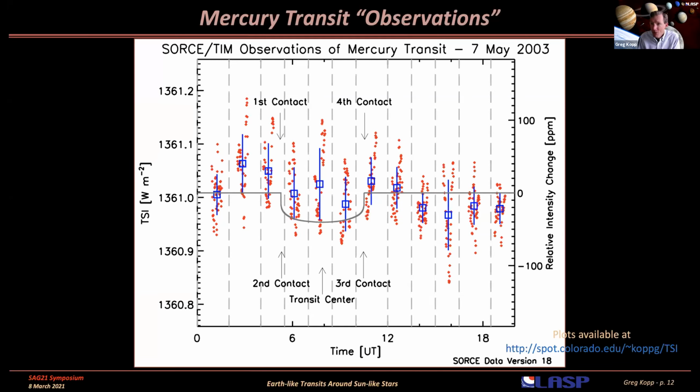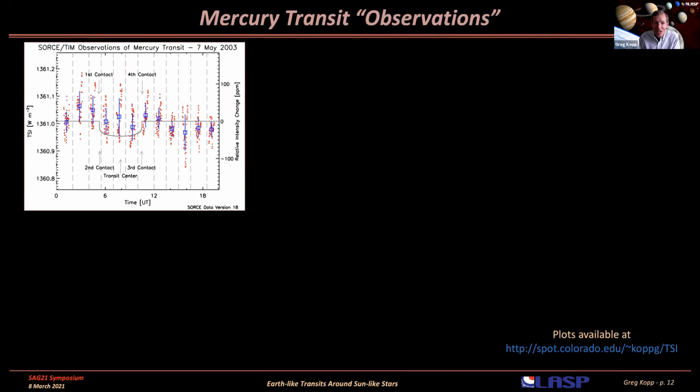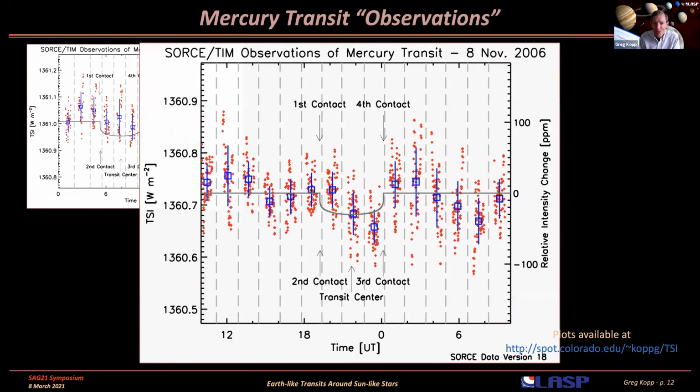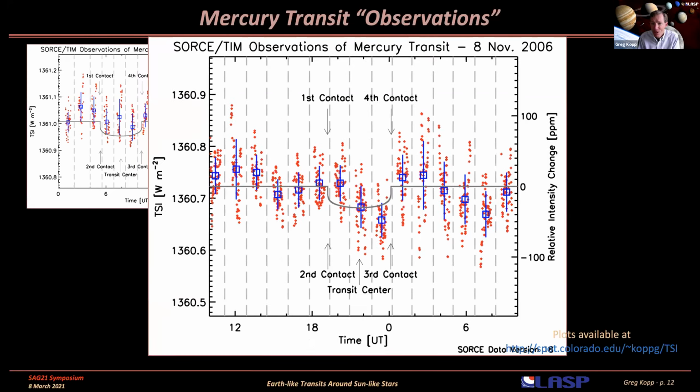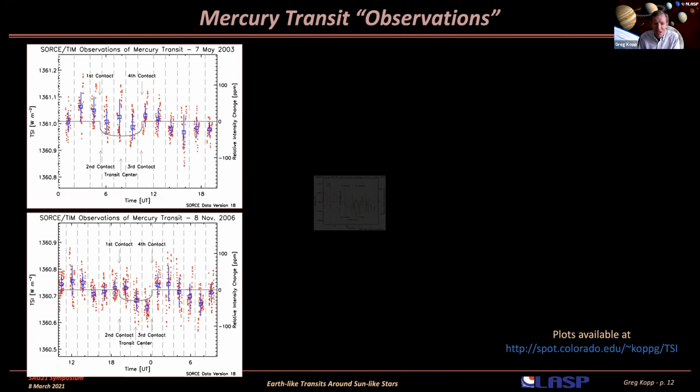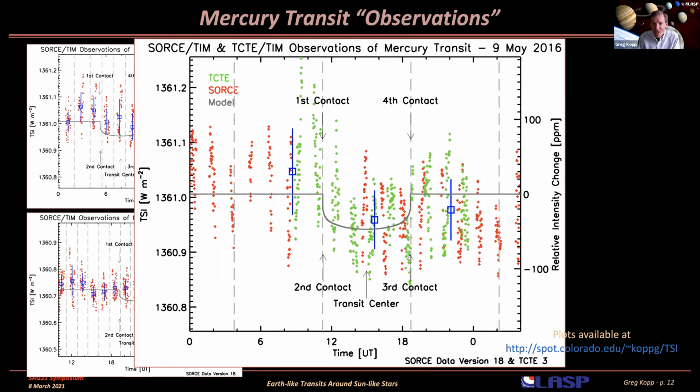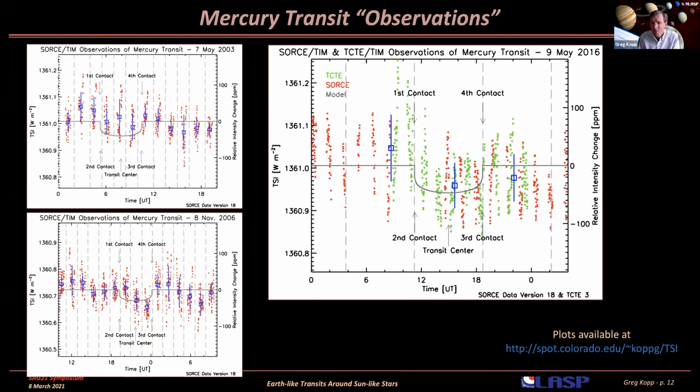I know where to look right here, but I can't look at those data and say, there it is. Here's the next transit that we saw of Mercury. Suggestive that maybe there's something there, but not in that first orbit. So again, not something, even knowing where to look, that you would say, there's Mercury. This looks a little more promising, but still nothing that if you didn't know where to look would jump out at you.